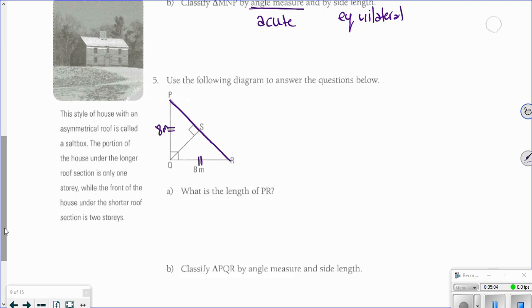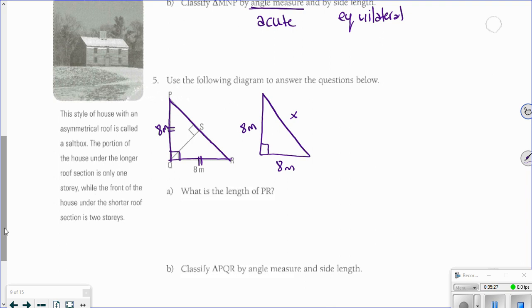And if I look at my triangle, this big outside triangle is a right triangle. So if I just redraw that piece, this is the side I want to know. This is a right angle with 8 meters here and 8 meters here.